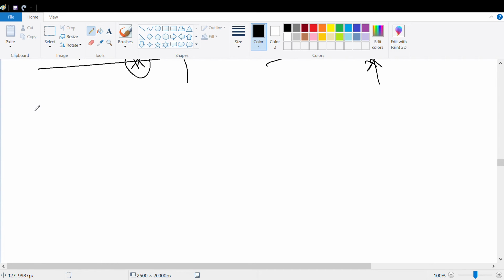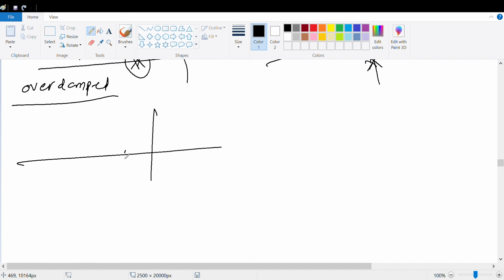First, let's look at the over damped system, where the poles are real and distinct.